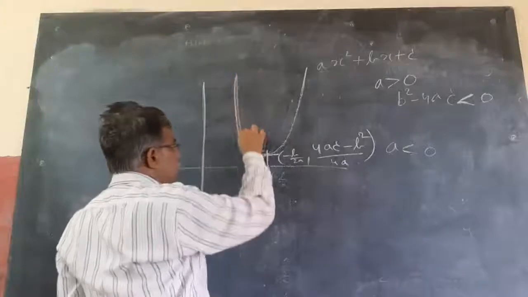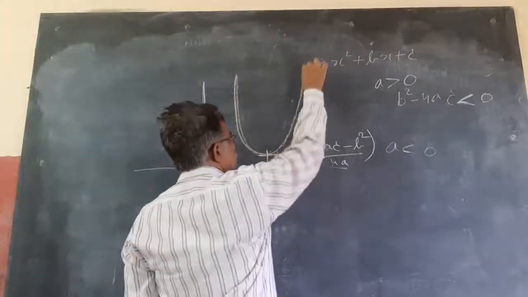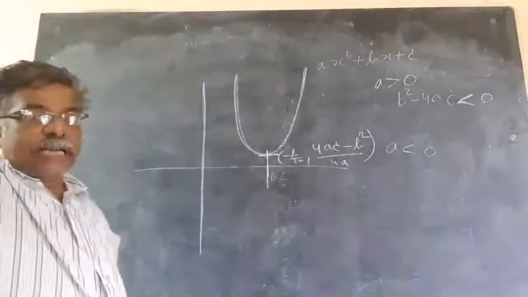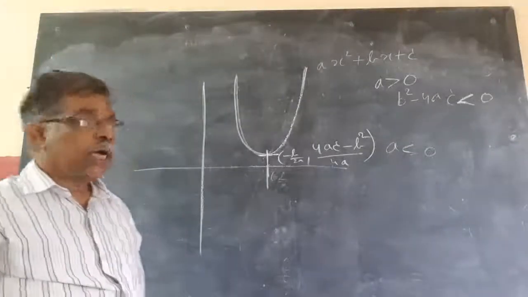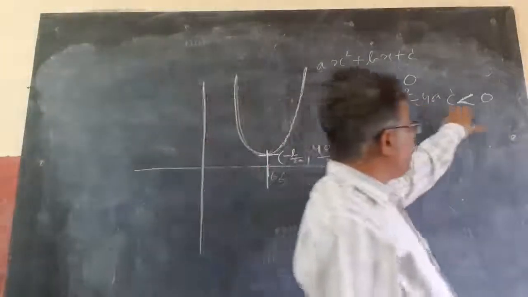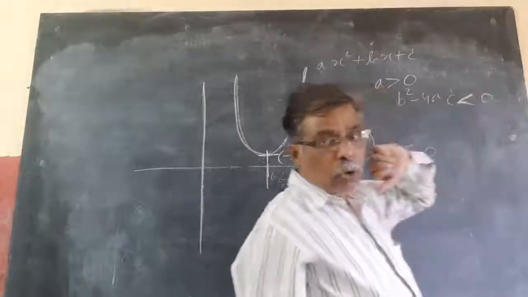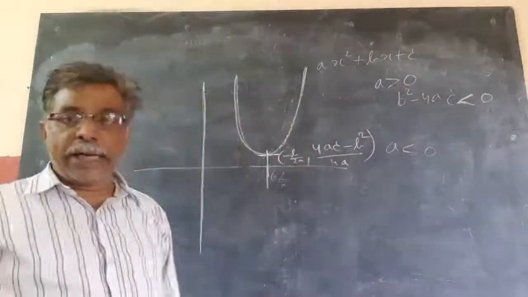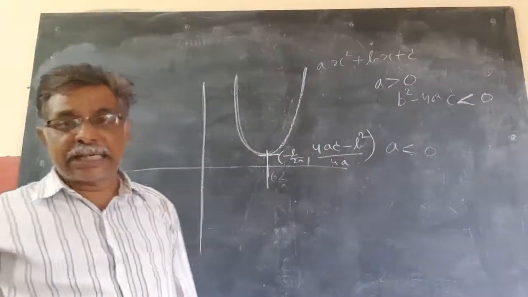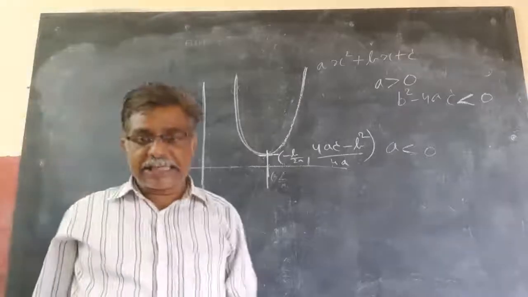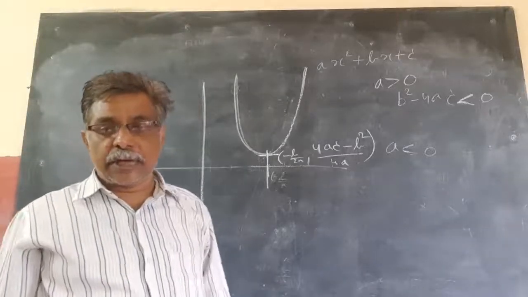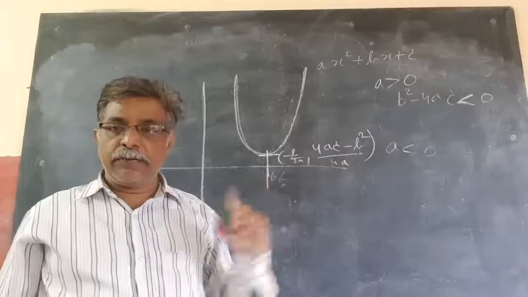Now, why is this above the x-axis? Because b square minus 4ac less than 0 means no real roots, and no real roots means it will not cut the x-axis. If it cuts the x-axis, then it gives you the real root. If it cuts at one point, only one real root.